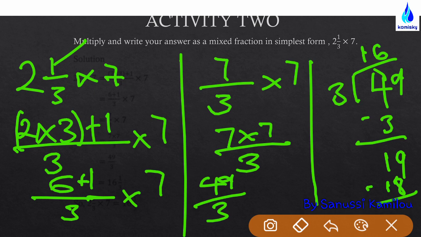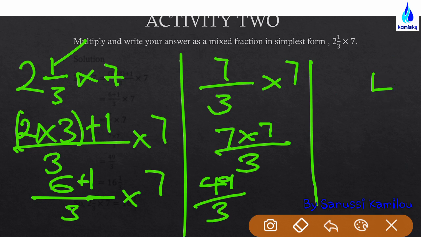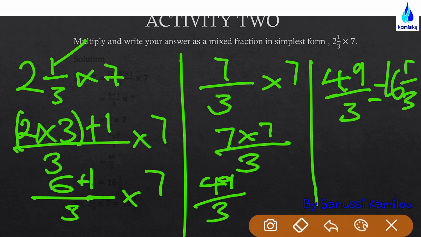So after the subtraction, we are getting 1. That is our remainder. Our whole number is 16, and then the remainder is 1, meaning that we are going to divide the 1 by 3. So after that, you write our final answer. We say that 49 out of 3 is the same as 16 whole number 1 over 3.